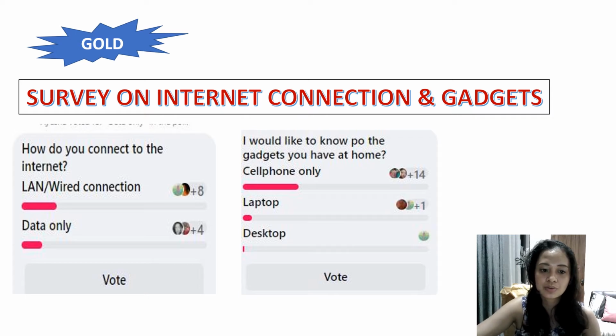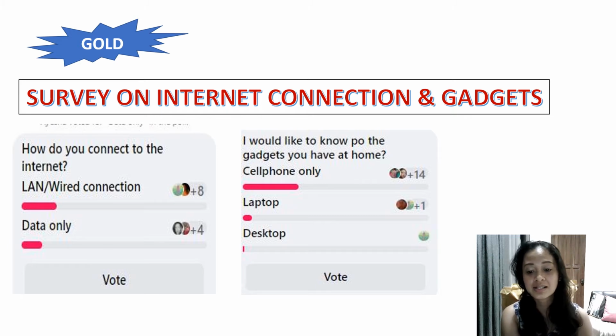The image shows the result of the survey I conducted on the internet connection and gadgets. So for the grade 5 Gold, you are 31 in the class. Only 10 have LAN or wired connection, and the rest have data only. In there, only 6 cast their votes on data use.